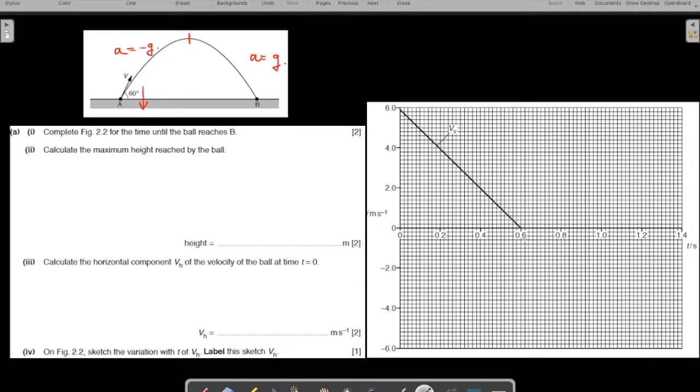So after the topmost point, the vertical component changes in direction. Earlier it was directed upward, now it is directed downward. It will keep moving negative, keep extending in the same direction, like this.